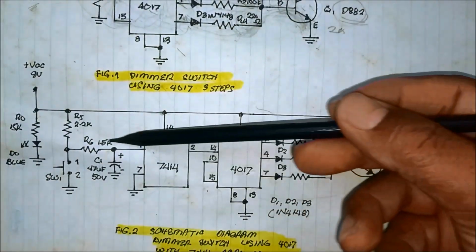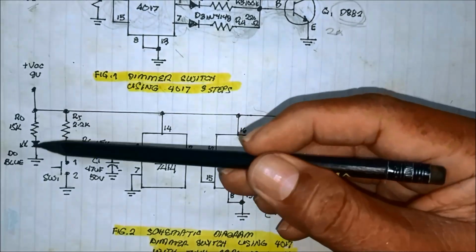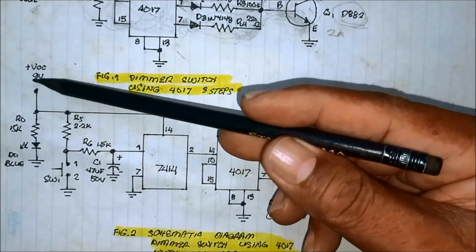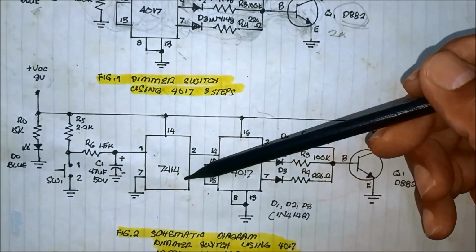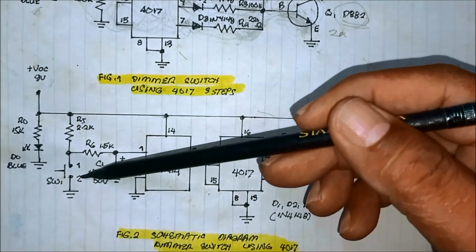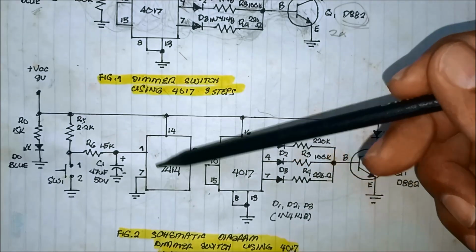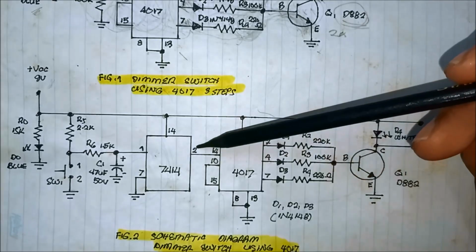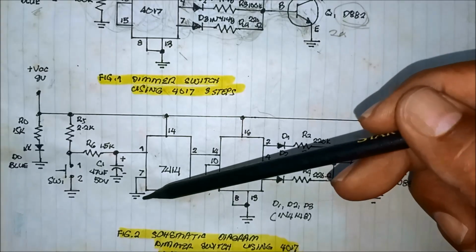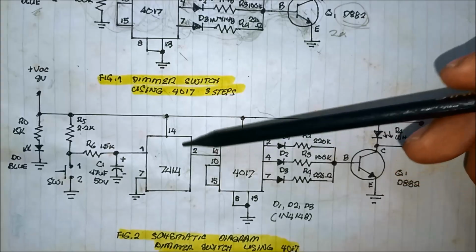This one is new, and the same with the power indicator, 9-volt supply. With the use of this debouncing IC, we can see the current flow. Here pin number 1 is the input, the output is pin number 2, pin number 14 the supply, and 7 is the ground of this 7414 IC.